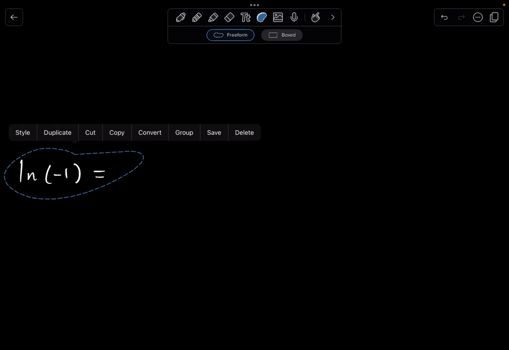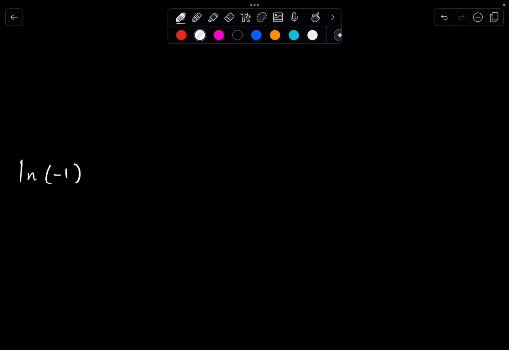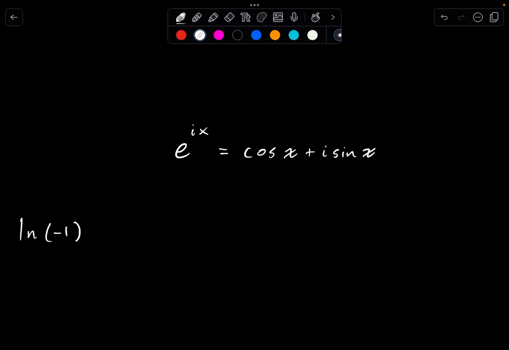First off, I'm going to be using a main equation for today, which is Euler's formula. If you can recall, it's e to the ix equals cosine of x plus i sine of x, just like that. There's an entire proof on this, and it's quite beautiful, actually.